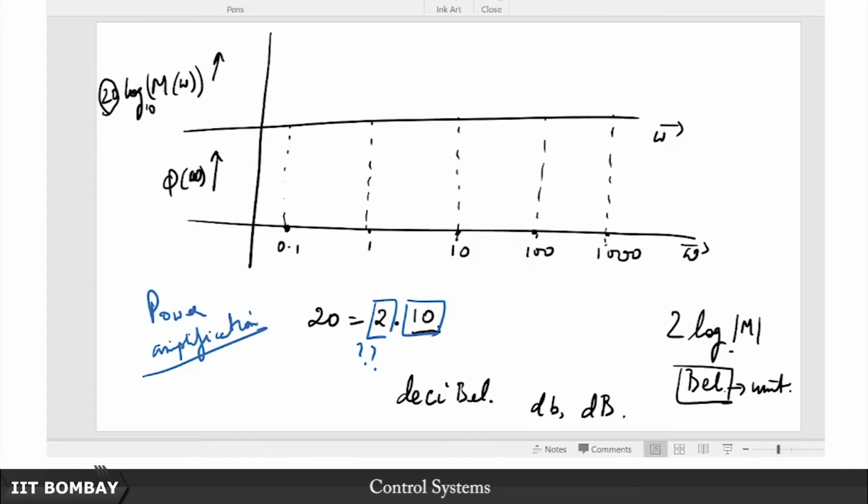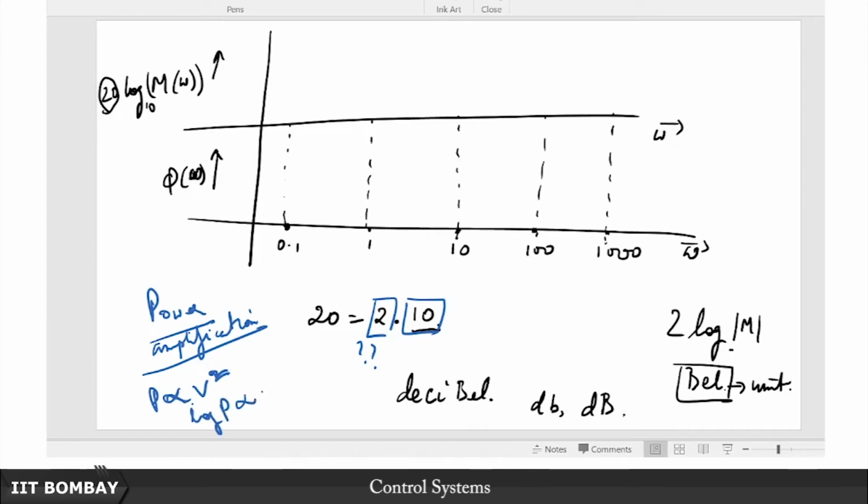What are you measuring? You are measuring voltage. So remember, power is proportional to the square of the voltage. So the measured variable was voltage, but the power was proportional to the square of the voltage. So therefore log of P is proportional to twice log of V. So that brings this factor of 2.